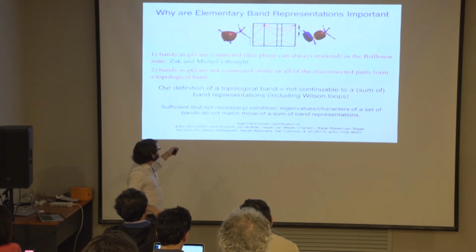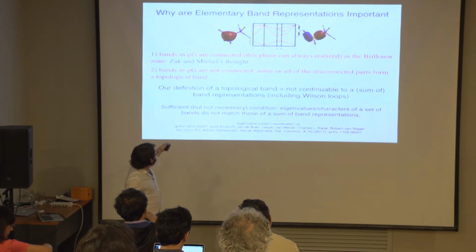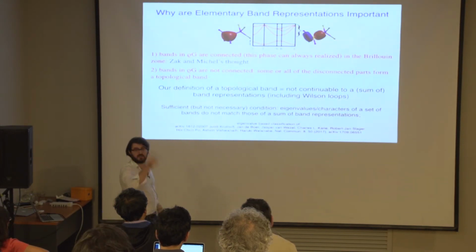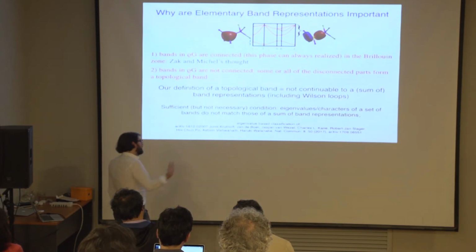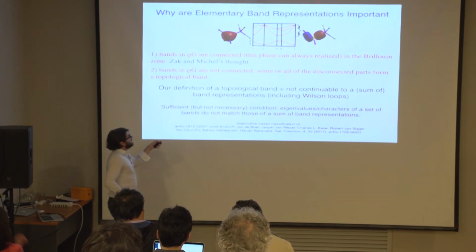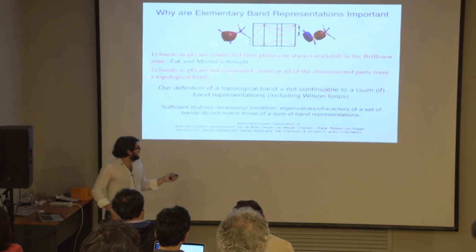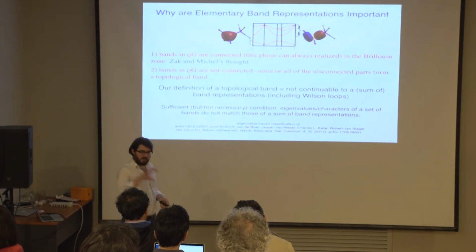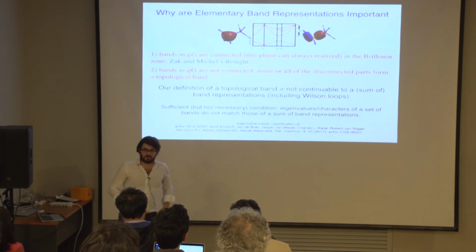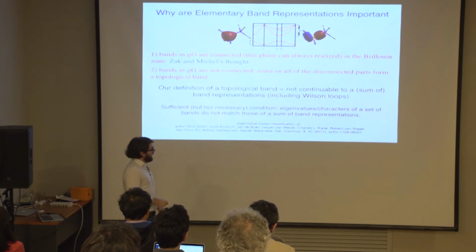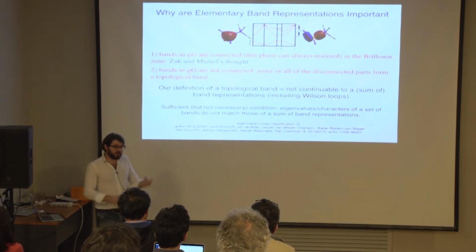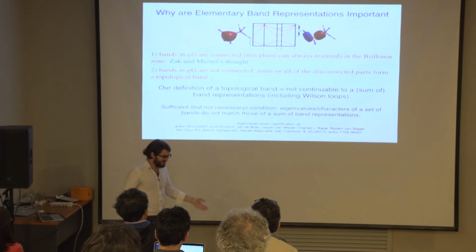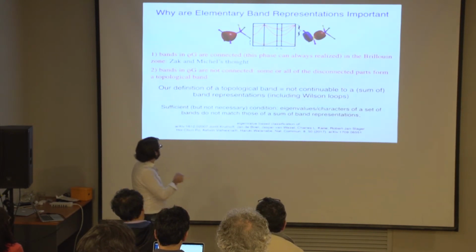So for example, if this guy goes from here, comes back through this Brillouin zone, goes from here, comes back here, this is doubly degenerate, goes from here, goes here. So you have to traverse 3 times the Brillouin zone to get back. So Michel and Zach basically said, they have a paper called Elementary Band Representations Are Connected. And the reason for that is they didn't just postulate it.